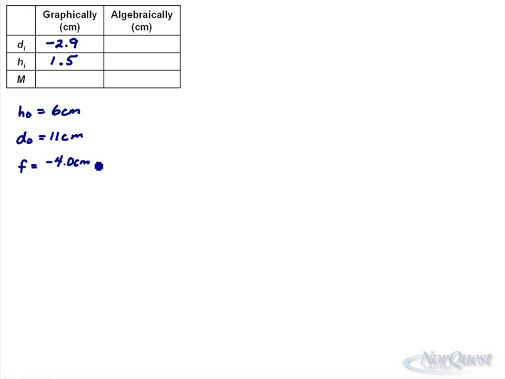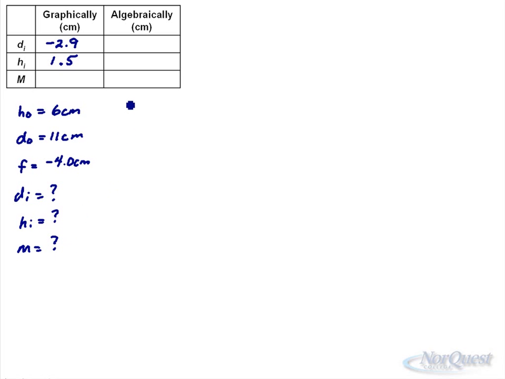Be careful with that sign. It's a virtual image. And we're going to find DI, HI, and M. Notice our calculations algebraically are going to be the same for the two mirror and the two lens formulas. It's just a simple formula. I'm really worried about you putting in the proper signs for virtual and real images.